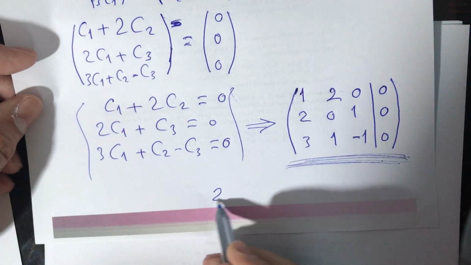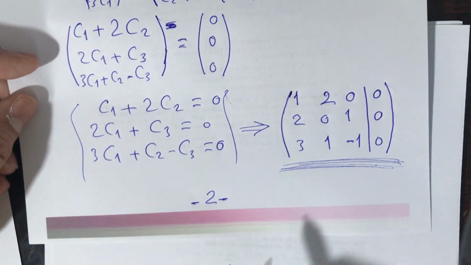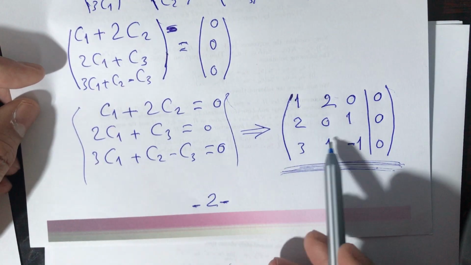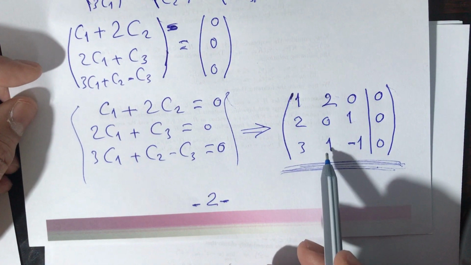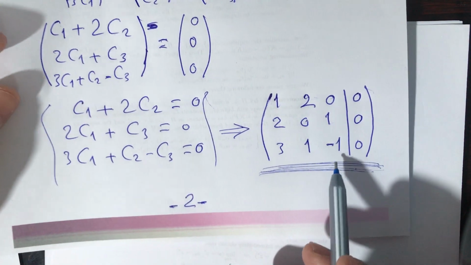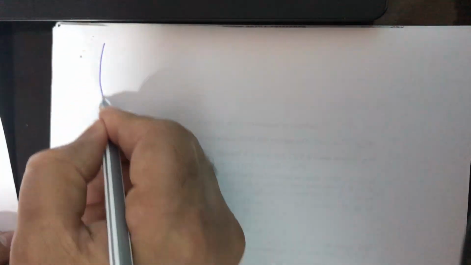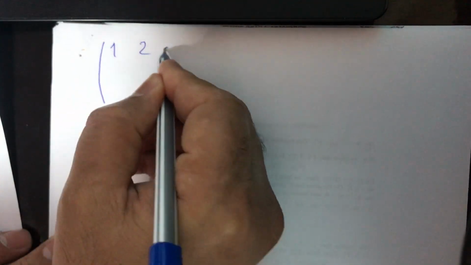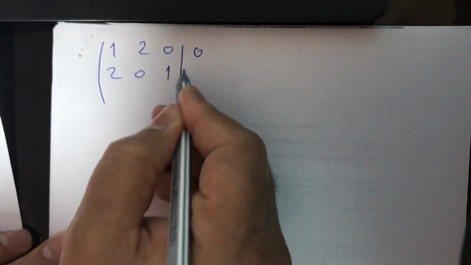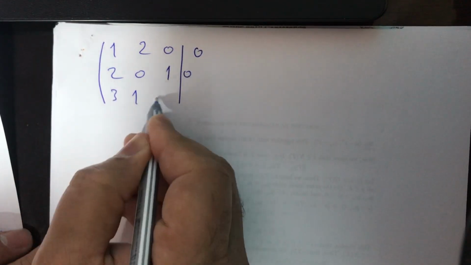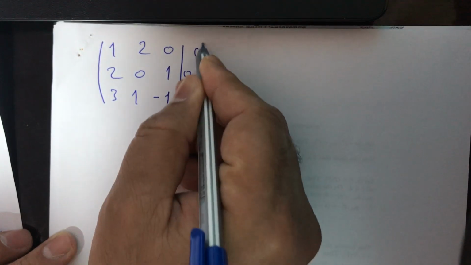And this is page number 2. Try to solve this system by the Gauss-Jordan method. So now we take this matrix: 1 2 0 0, and 2 0 1 0, and 3 1 -1 0.